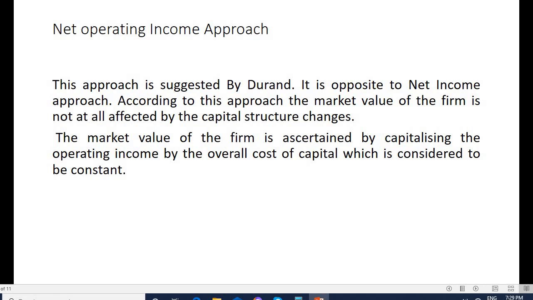The market value of the firm is found by capitalizing the NOI by the overall cost of capital, which is considered to be constant. A change in the level of debt will not have any impact on the cost of capital.